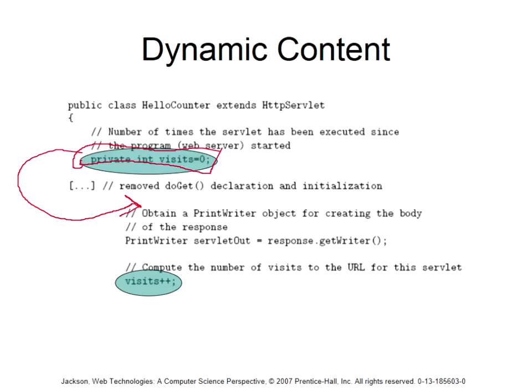Because when I execute hello counter another time, I will execute doGet. So if I have private int visits equals 0, the value of visits will be 0. After that, visits plus plus will be 1. But if private int visits is not in the method doGet, in this case, I will obtain 1, 2, 3, etc. Is it clear?